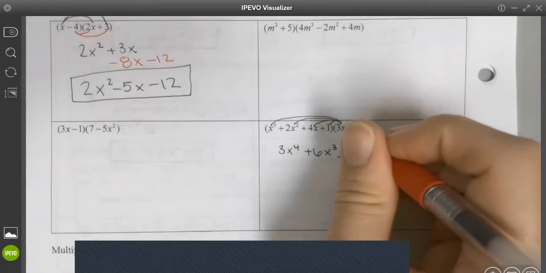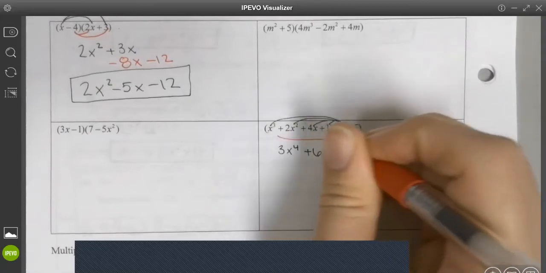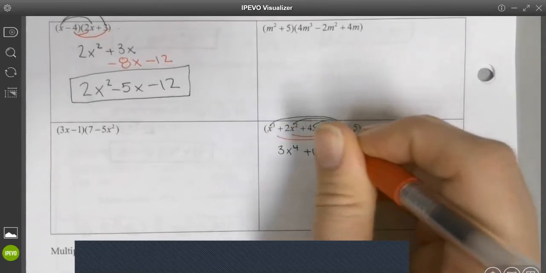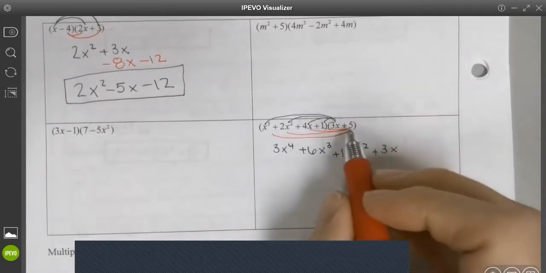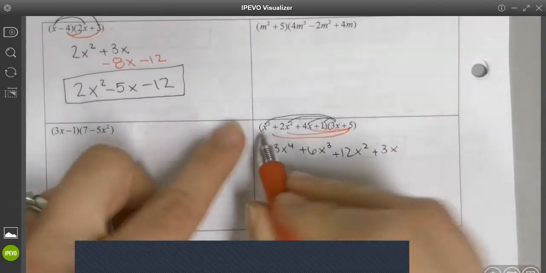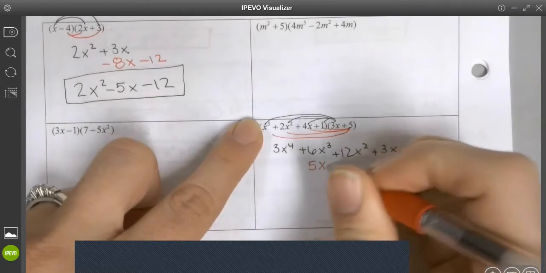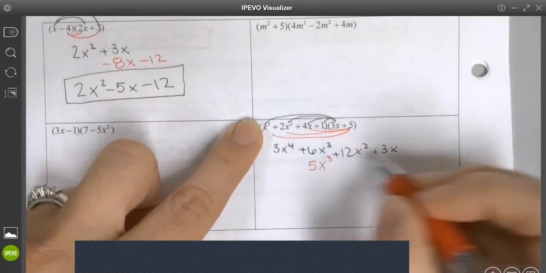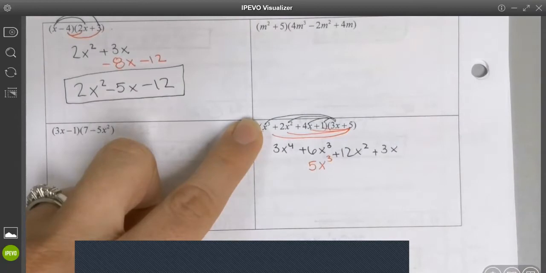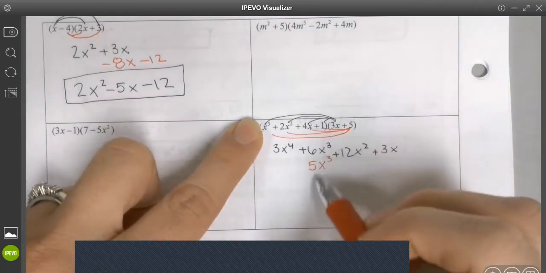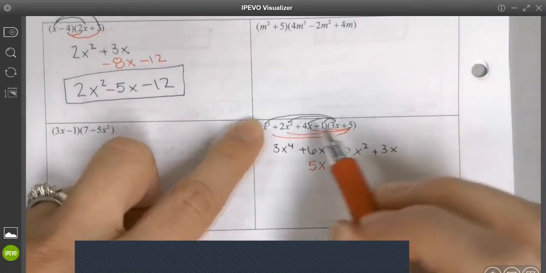And now I need to take 5 and distribute that through to all 4 terms, which 5 times x cubed is 5x cubed. I'm going to write that underneath my other x cubed term. Instead of writing a long strip of all of these terms and then having to combine them afterwards, I kind of strategically organize as I go.